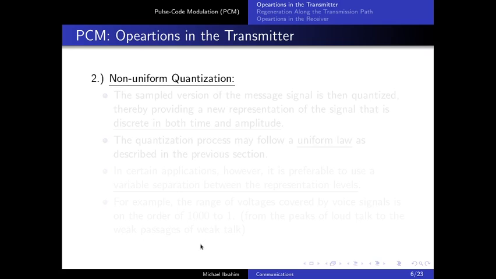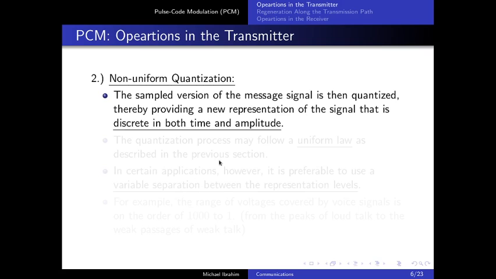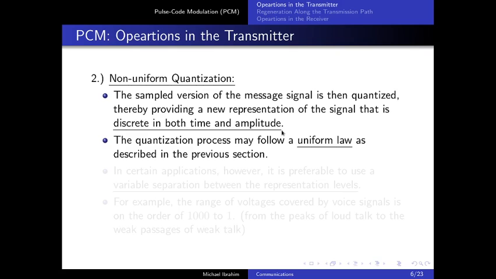The second operation performed in a PCM transmitter is a non-uniform quantization. So, the sampled version of the message is then quantized, thereby providing a new representation of the signal that is basically discrete in both time and amplitude. The quantization process may follow a uniform law as described in the previous section, where we have uniform steps, or the fixed or constant step size for all the range of amplitudes we have.